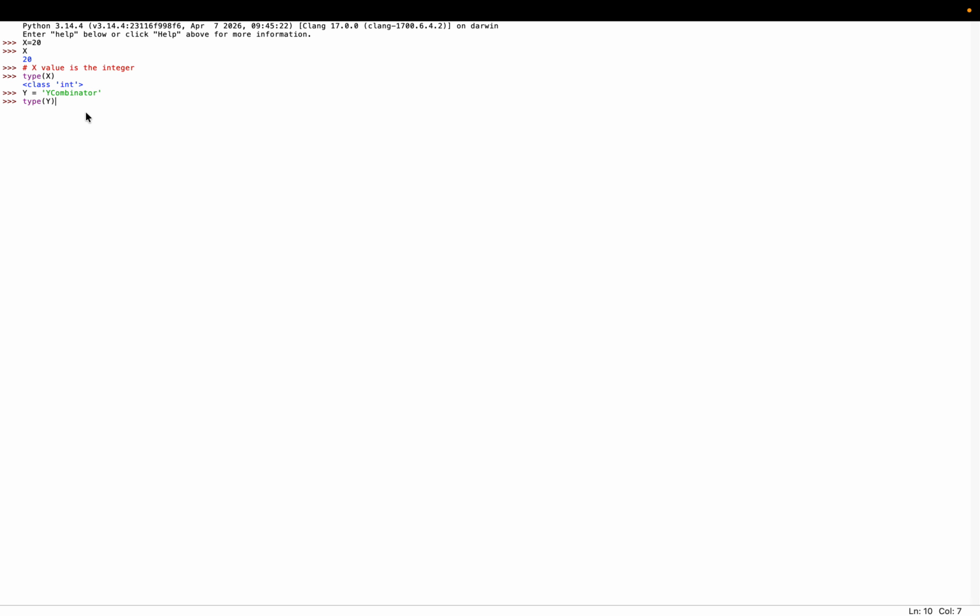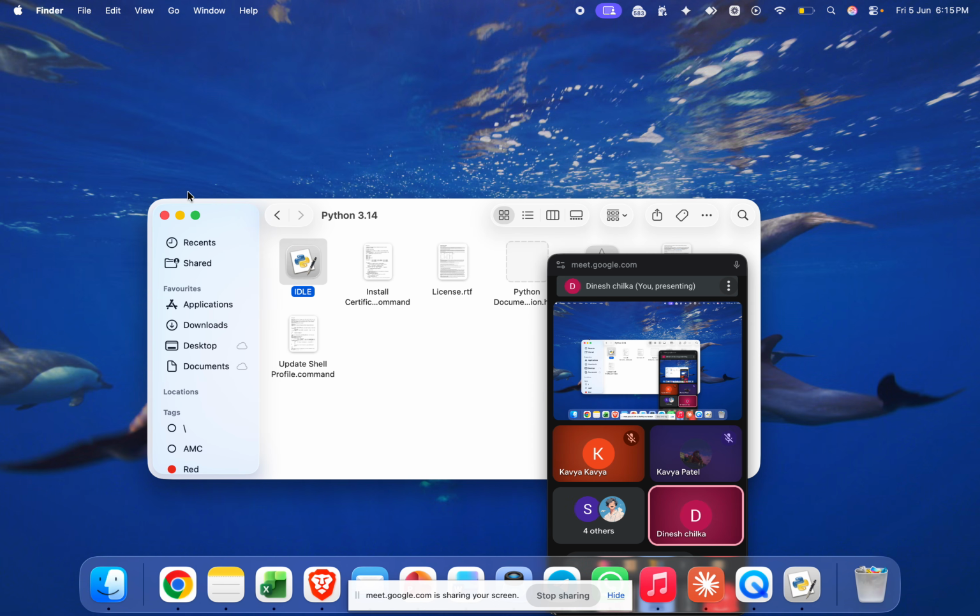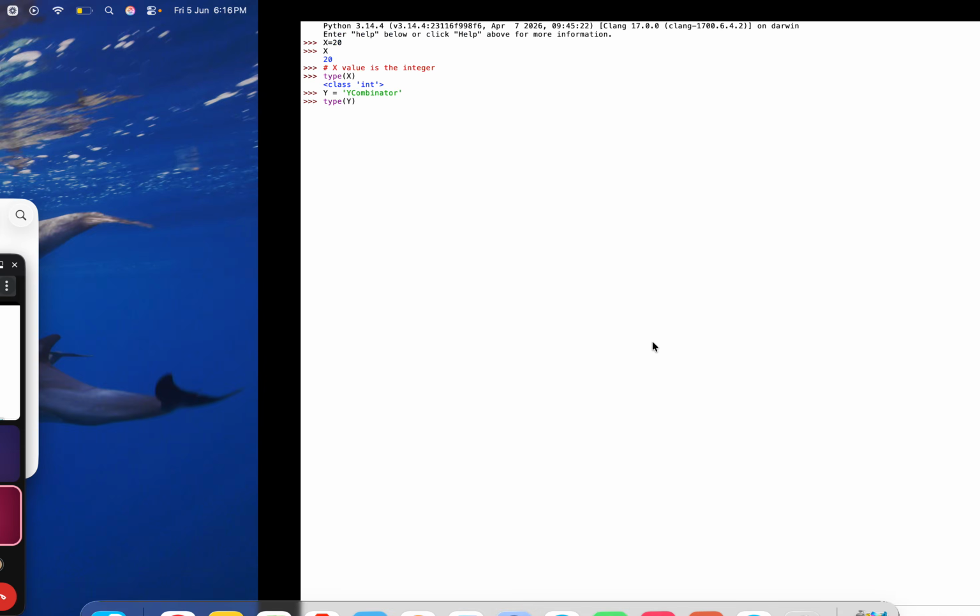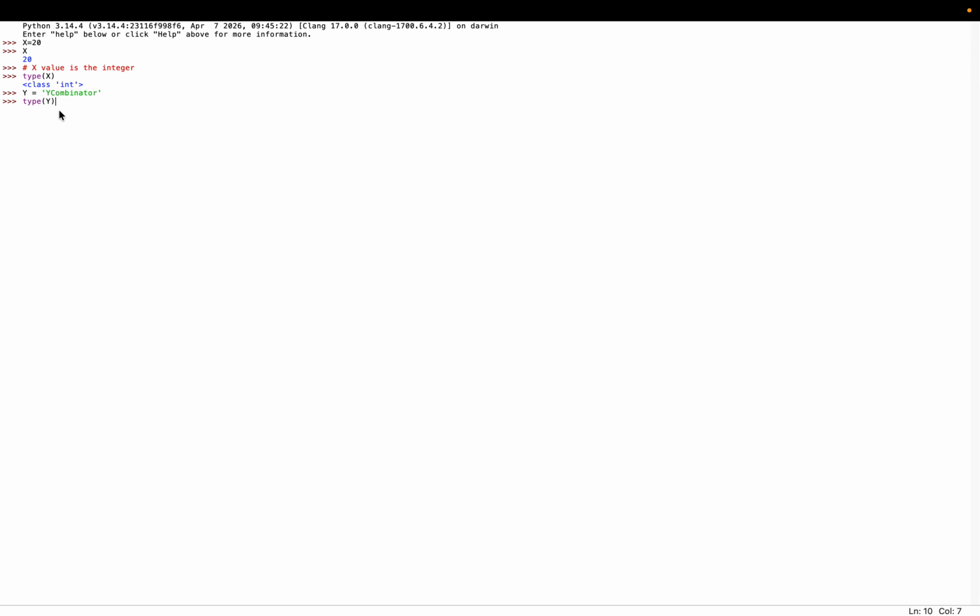Either it is a number or text. Is it visible, everyone? It is visible, right? Okay. So the y combinator, what type will come? Is a string value coming, or an integer or decimal? String value. Okay. If I type y, it will come automatically. It will come str. That means the type is nothing but string.